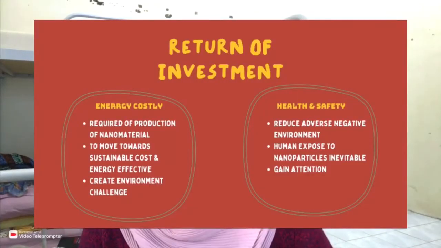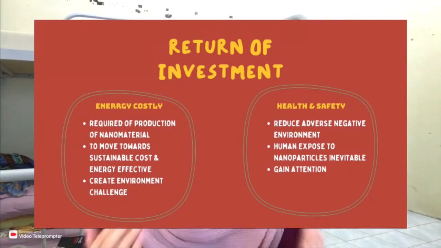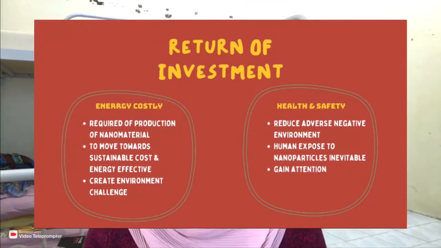Second is health and safety, where nanoparticles in concrete may act to reduce adverse health and environmental effects. Human exposure to nanoparticles is inevitable as nanoparticles become more widely used. As a result, nanotechnology research has now gained attention.